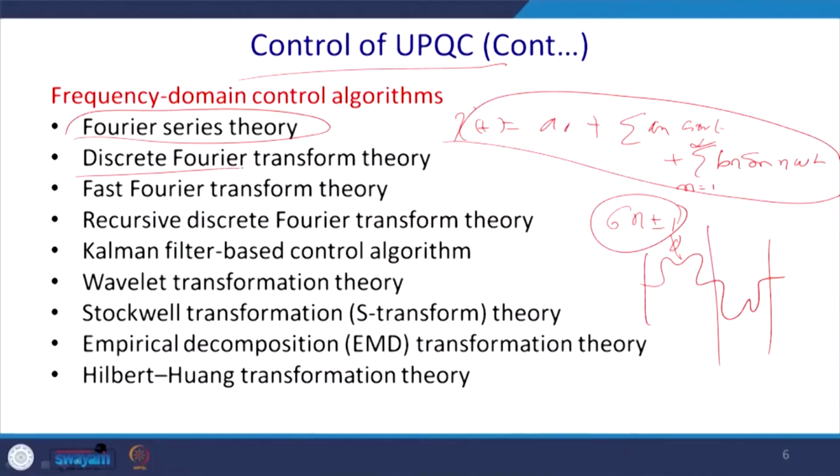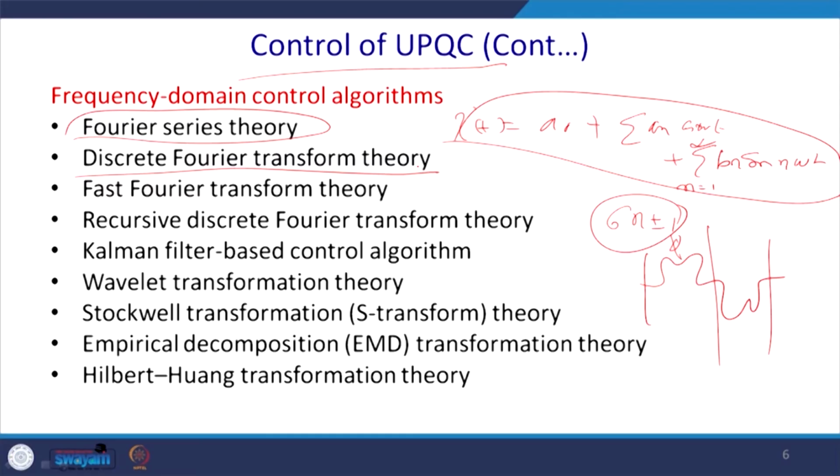Thereafter, there can be another method, that is the discrete Fourier transform theory, that is DFT. All the data collected from the Hall sensors is fed to the ADC. From this ADC, the data goes to MATLAB or any programming language domain.